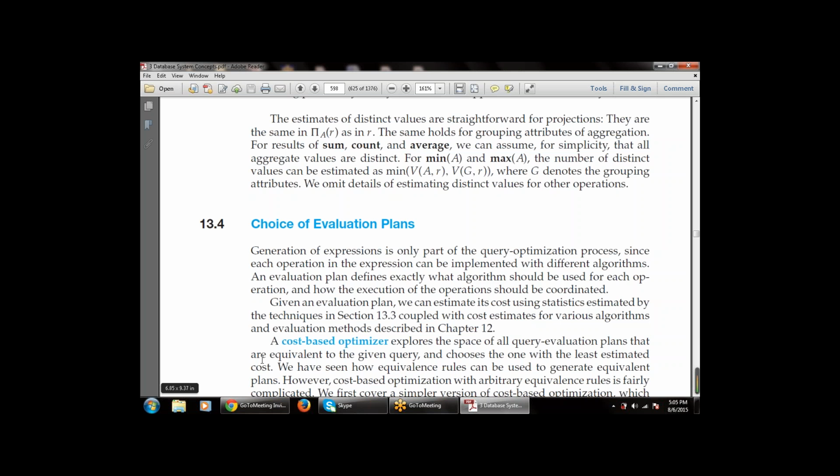An evaluation plan defines exactly what algorithm should be used for each operation, and how the execution of the operations should be coordinated.